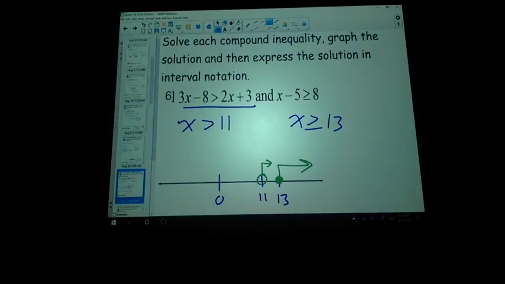The and means we need to figure out what region both of our properties will work on. But this region right here doesn't work for this problem here. Agree? So then we have to say, all right, where is it going to work for both? Well, it's going to work for both right here, starting at this point and going this way. So I'm going to write my interval notation.